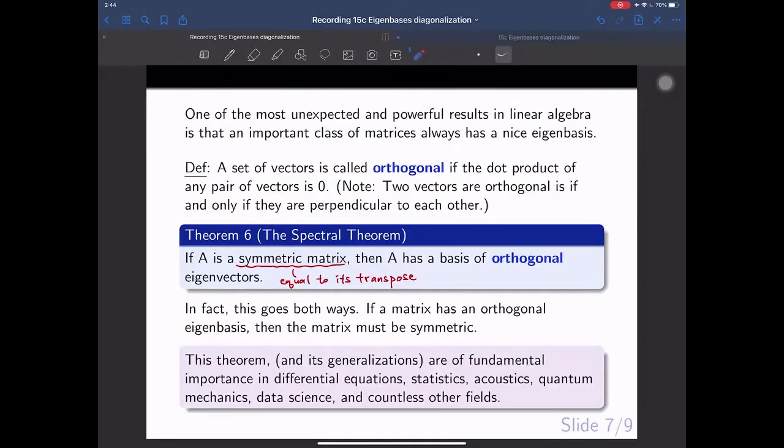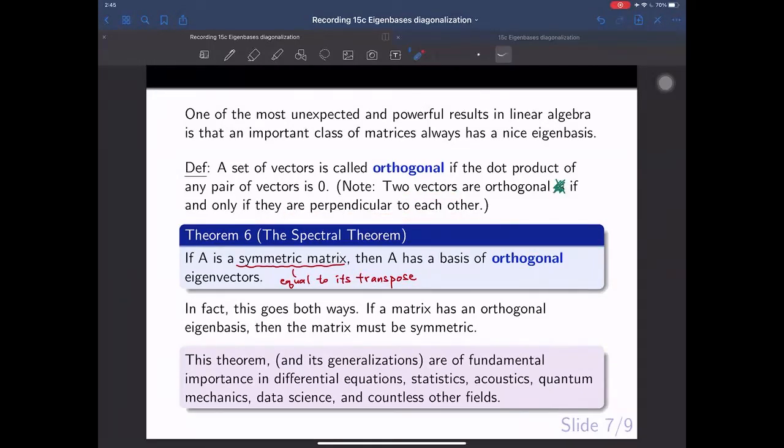One of the most powerful results in linear algebra is that an important class of matrices always has a nice eigenbasis. Let me tell you a new definition. A set of vectors is called orthogonal if the dot product of any pair of vectors is 0. Note that if you think about this geometrically, 2 vectors are orthogonal if they are perpendicular to each other.